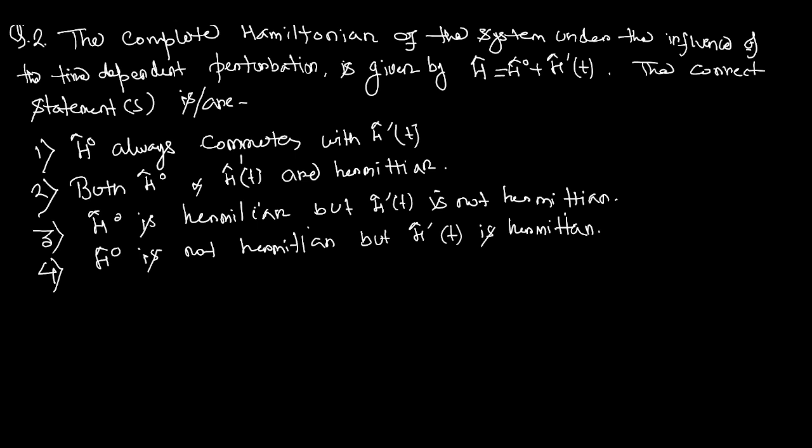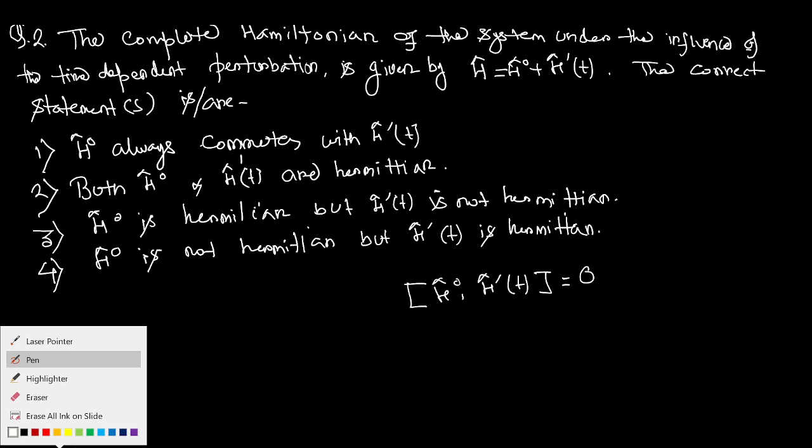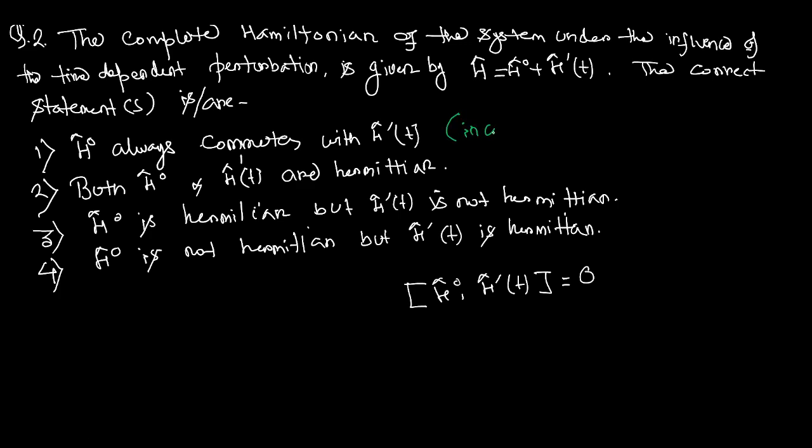If H0 commutes with HT, now remember question number 5 that we solved a few minutes ago, then there will be no time dependence. So this cannot be possible. Now both H0 and HT are Hermitian. H0 is Hermitian, we know, because we can measure the energy, but HT is also Hermitian. It produces a real value.